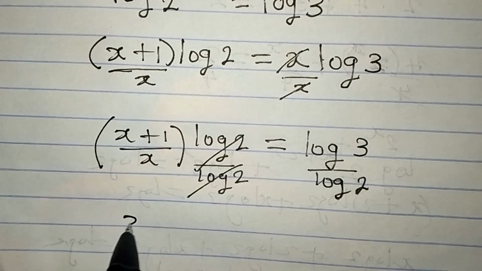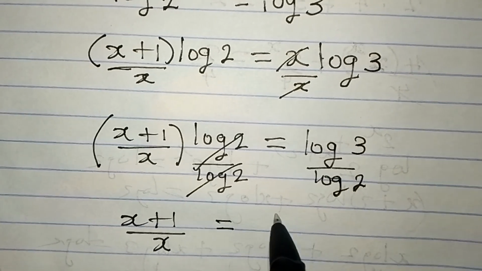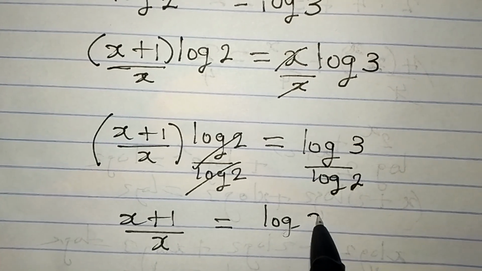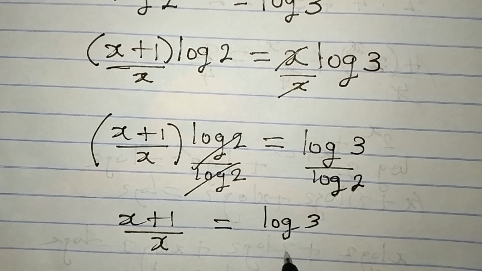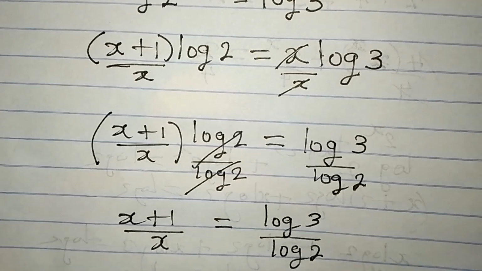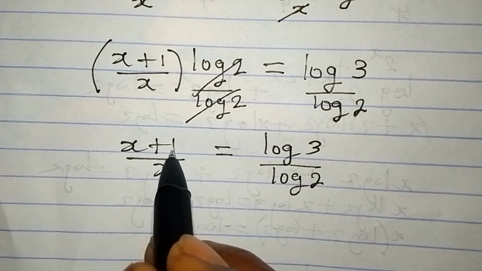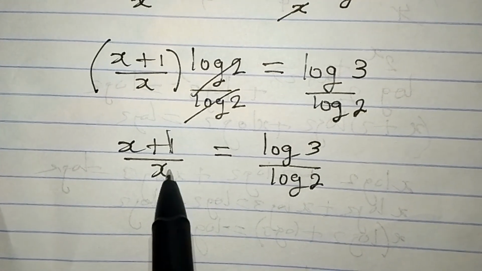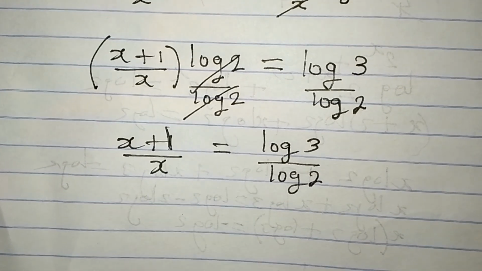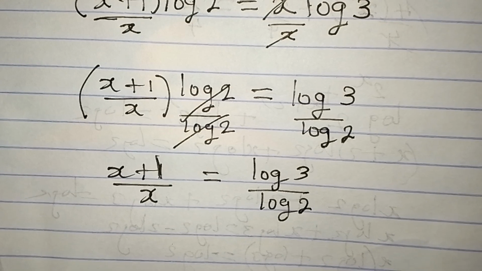So now we have x plus 1 over x being equal to log 3 over log 2. Simple, isn't it? Now we have x together, and we have logs together.